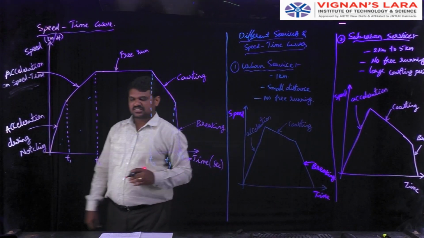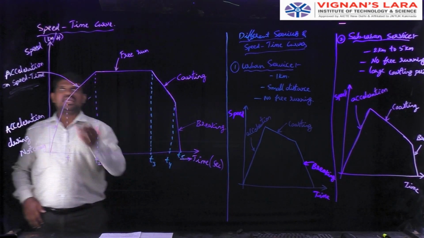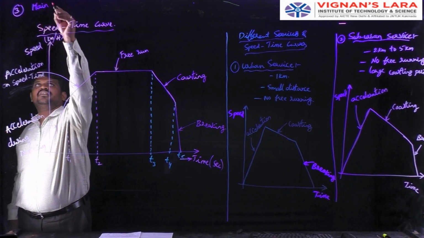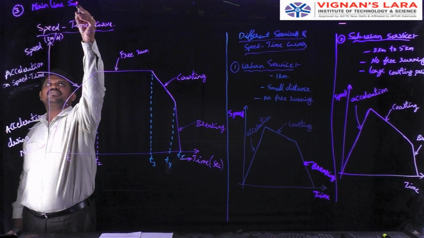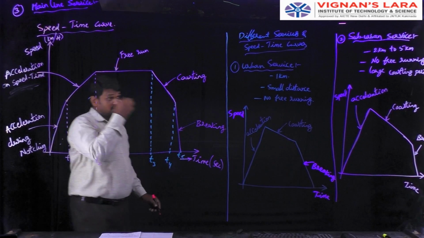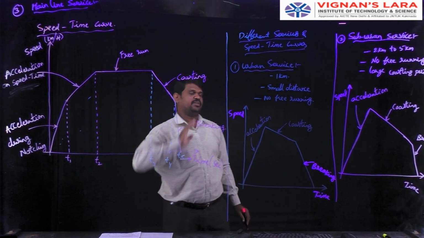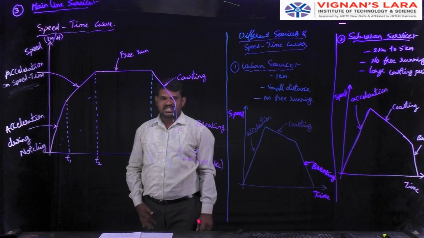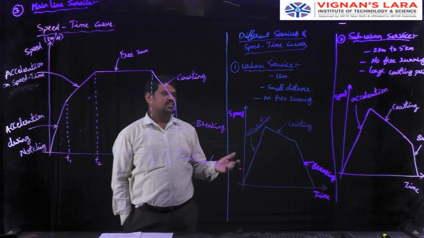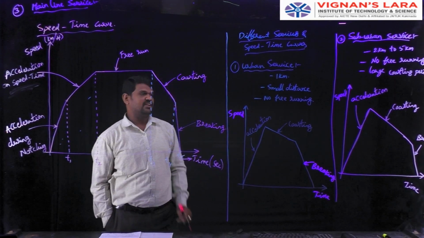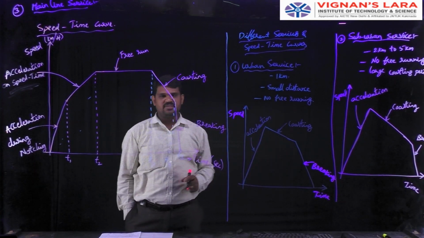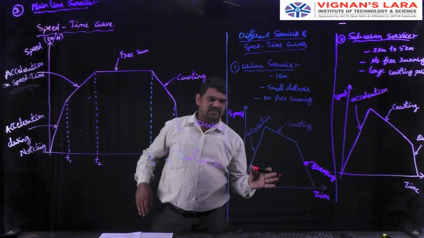The third one is the main line service. Here in suburban service, the acceleration and retardation are very high values, so the average speed becomes high.